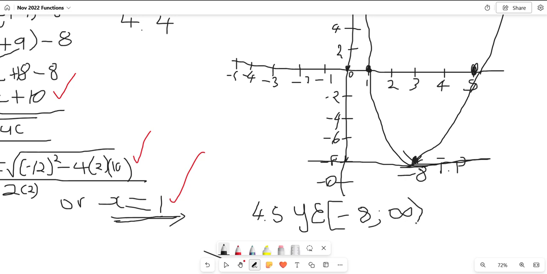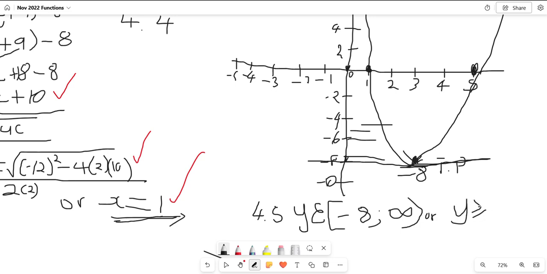We don't know what infinity is, so we use the round bracket. If you don't want it this way, we can say an or. From here, this is where the graph starts. From there, negative 7, negative 6, negative 5, negative 4. All these numbers going upwards are greater than negative 8. Then we can say y must be greater than or equal to negative 8.